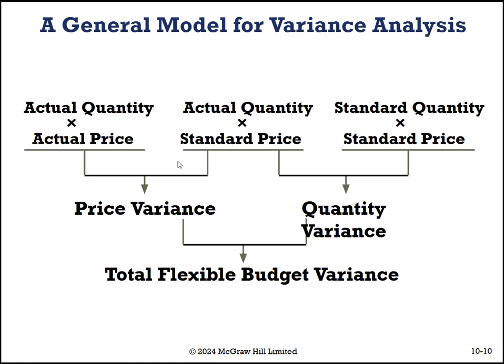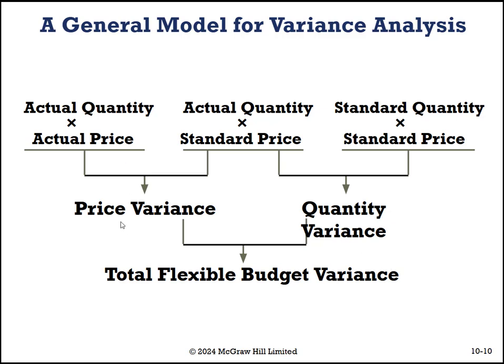The difference between what actually happened and our standard price at the actual quantity, AQ times SP, is our price variance. So this minus this gives us our price variance. Similarly, our actual quantity times standard price minus our standard quantity times standard price gives us our quantity variance.